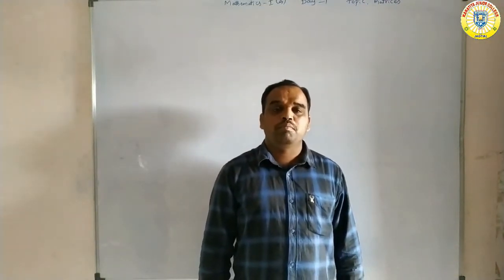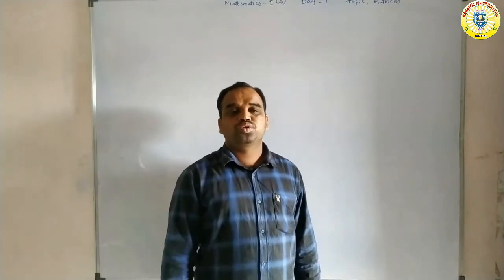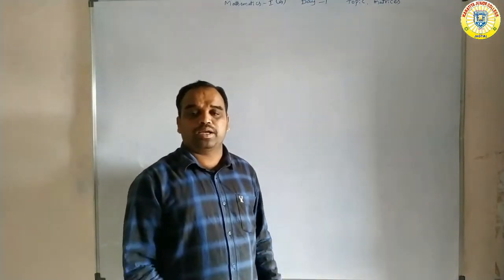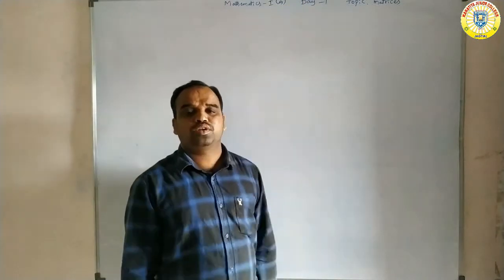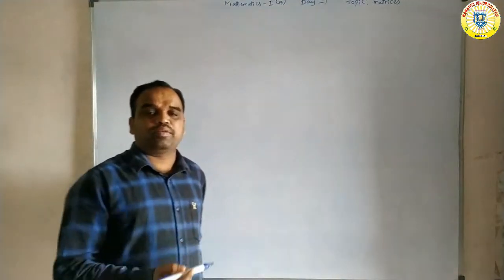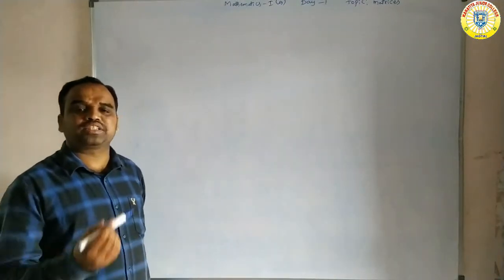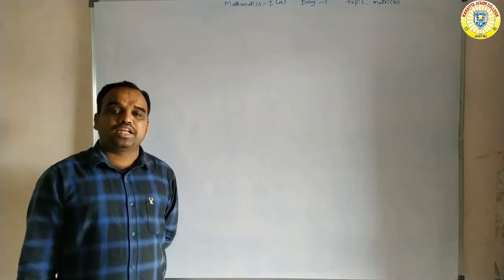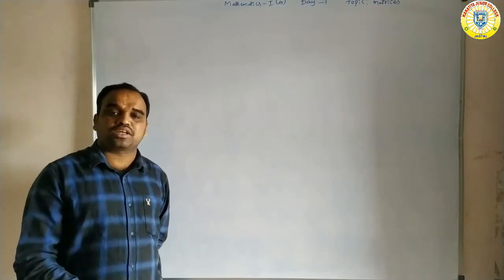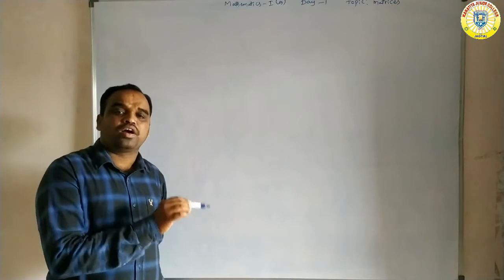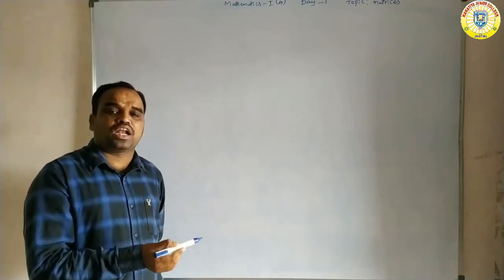Welcome to Maths 1A. Already, last class we started the introduction of matrices. Once again, let us repeat. What is the basic definition of a matrix? Real numbers or complex numbers are arranged in the form of horizontal and vertical lines.